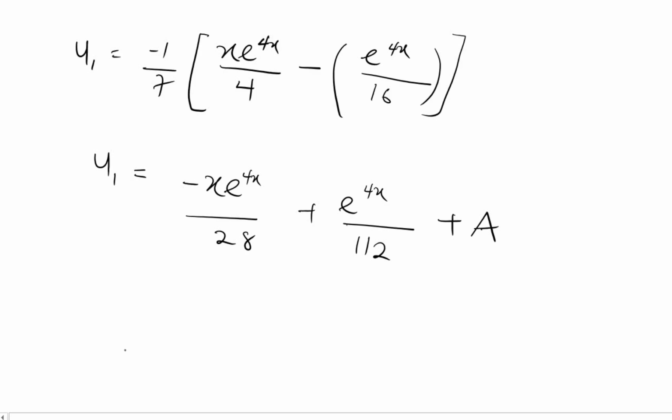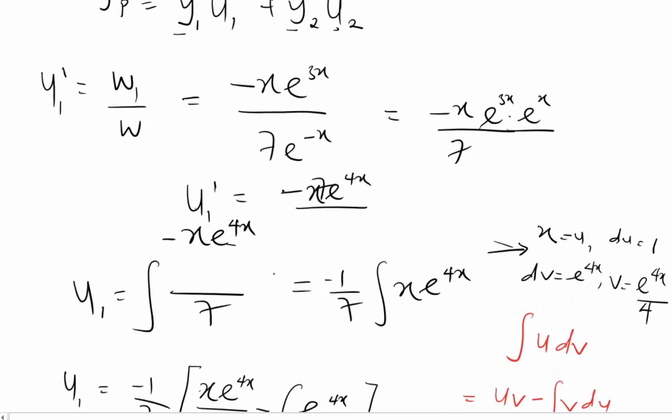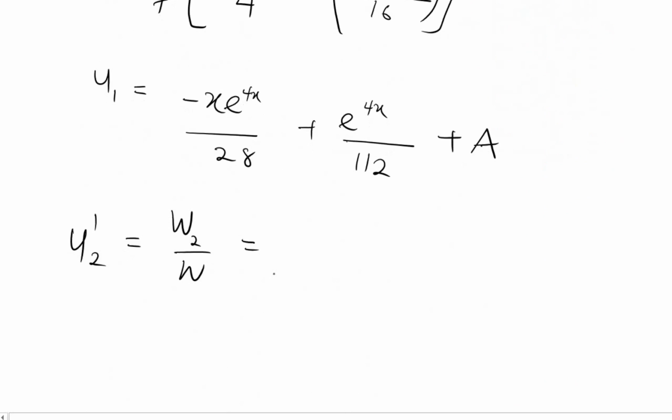So then moving to u2, u2 prime is equal to w2 all over w. So what have I gotten as my w2? From the above, we have w2 as x exponential of minus 4x.